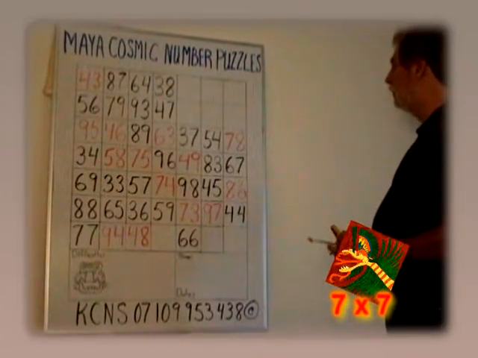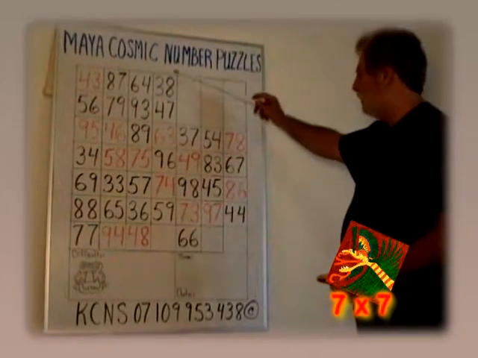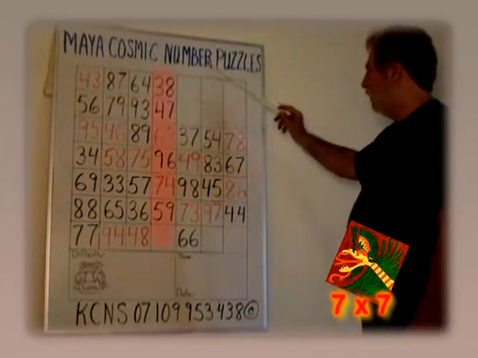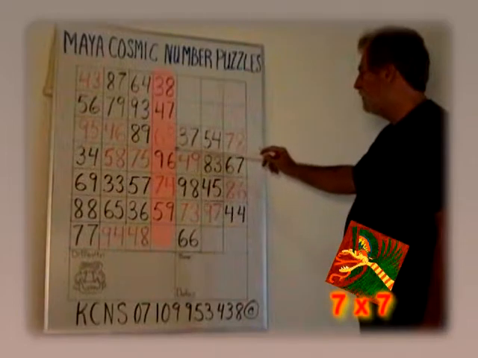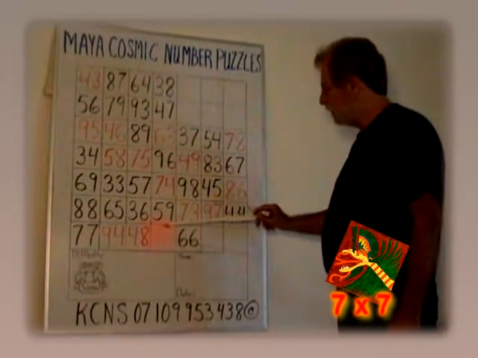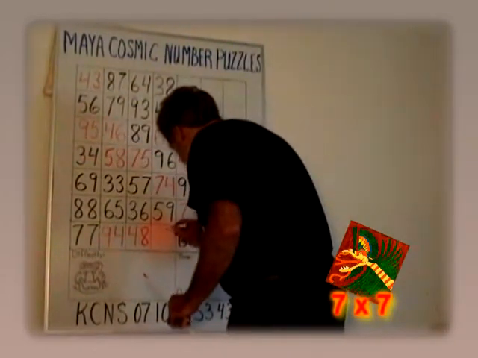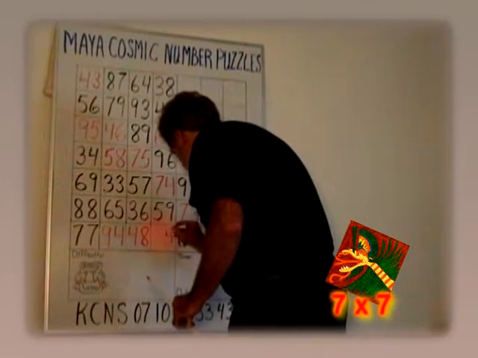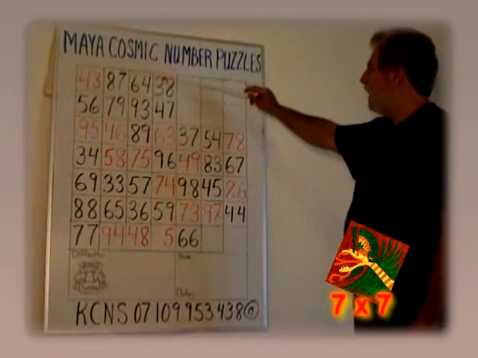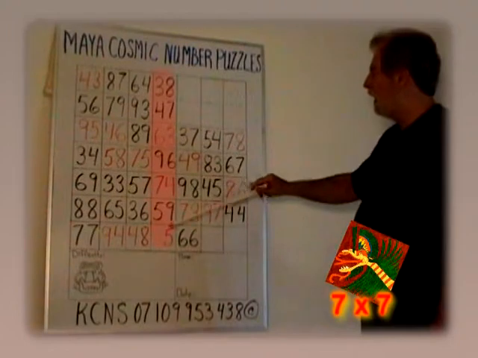Now, when we look around on the puzzle, the easiest place to solve for would be this column, which only has 1 blank. We have the 8, 7, 3, 6, 4, 9. So we are missing a 5. On the left side, we have a 3, 4, 6, 9, 7, 5.